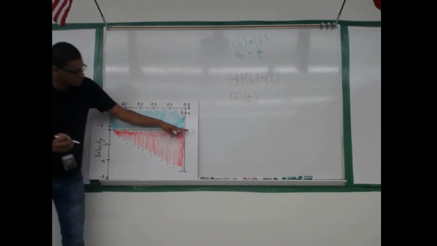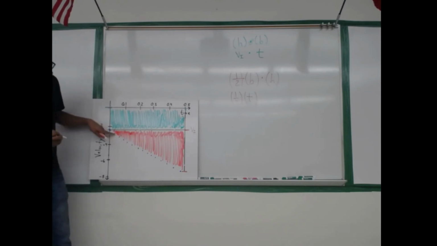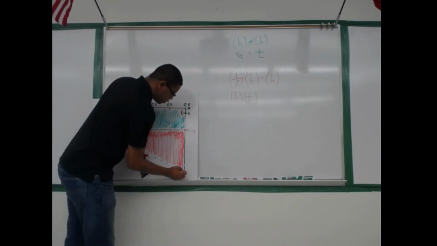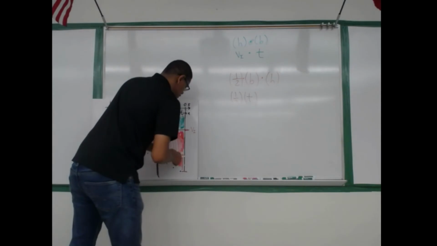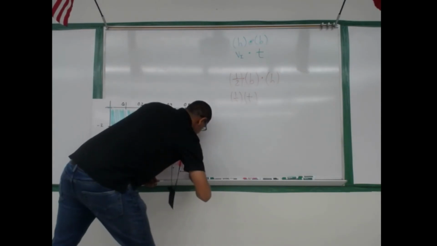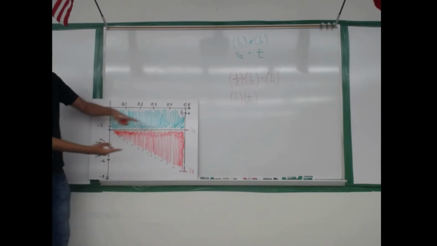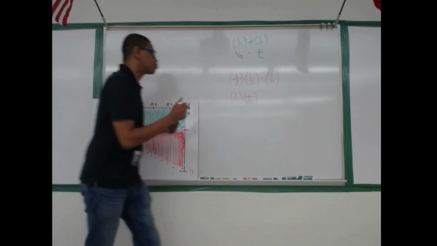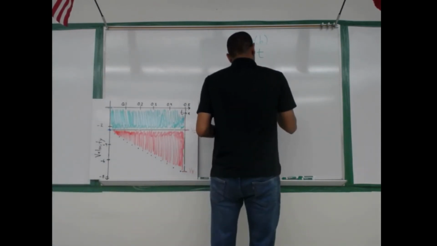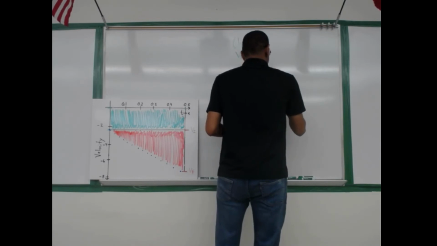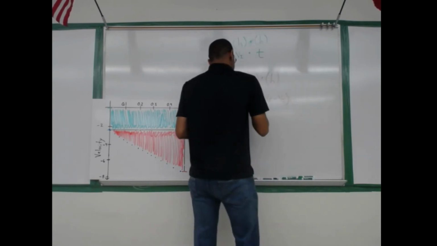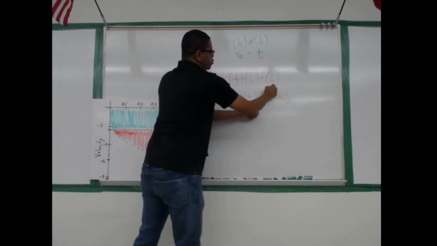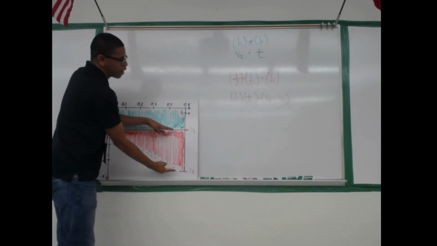The points increase in this direction all the way to here, and this point right here will be our object's final velocity. So in order to find this height, we just subtract this point by this point: the final velocity minus the initial velocity is equal to the height of our triangle.